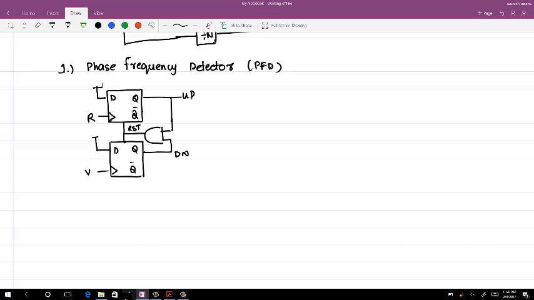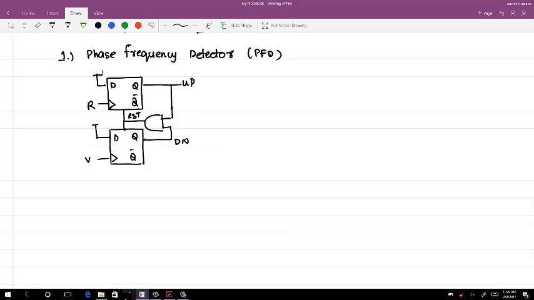So this was the block diagram of the PFD which we have seen, and the time domain signal diagram for this flip-flop. Let me just show it once more. I have R and V. Now this is R and V. So let's start considering all the logic delays which exist in the system now.